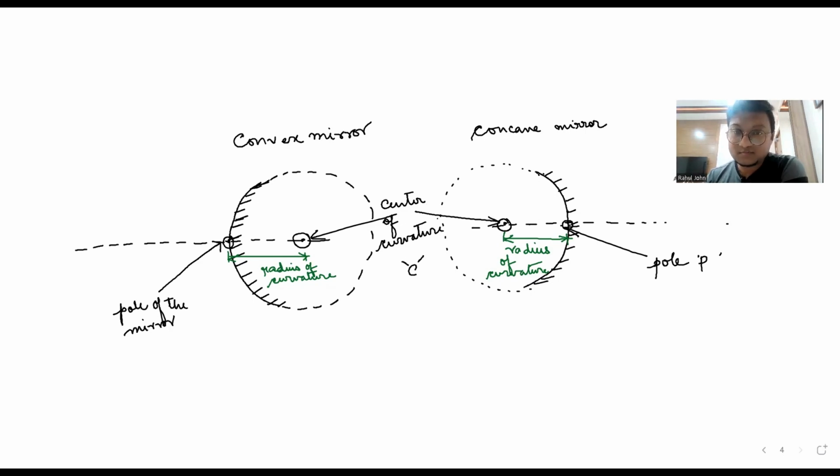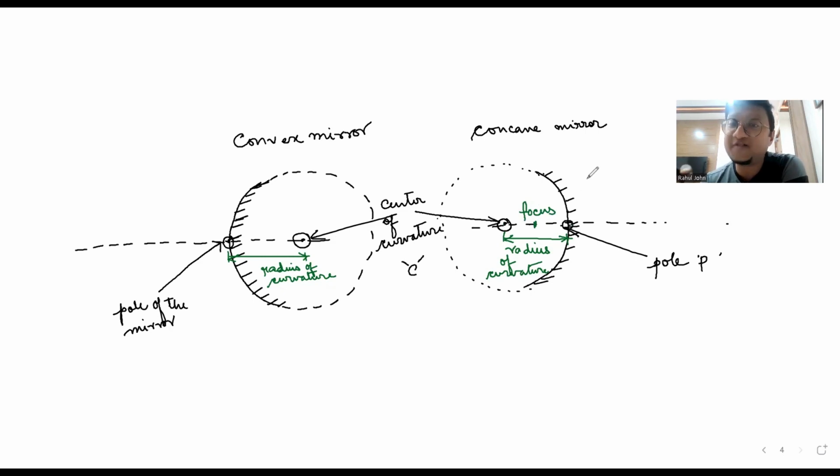Now, exactly midway between the center of curvature and the pole, we have a particular point, which is called the focus. Why it is called the focus, I'll be talking about after some time.